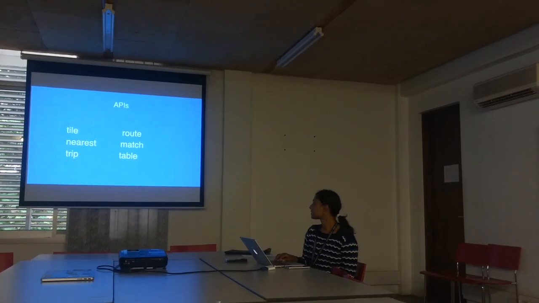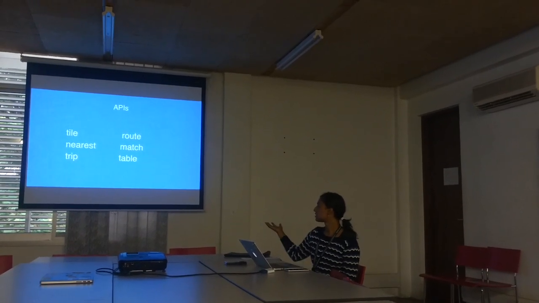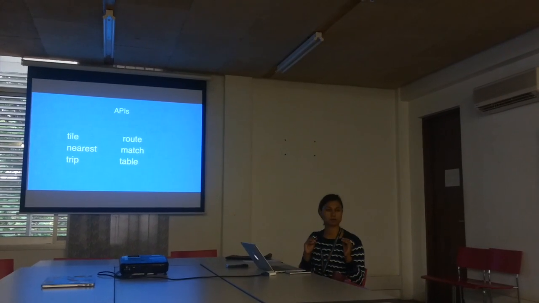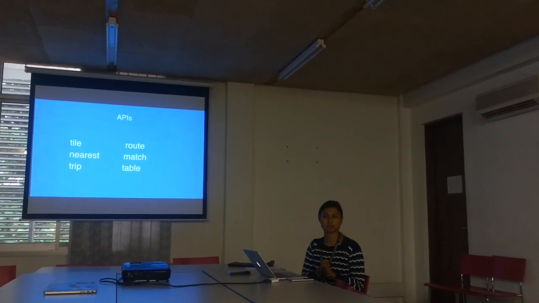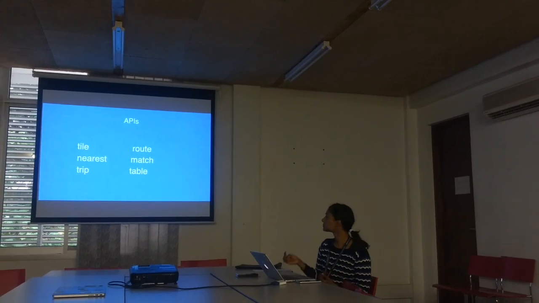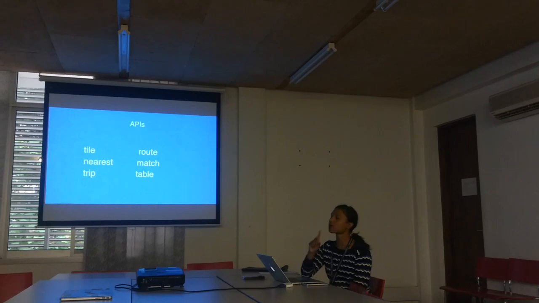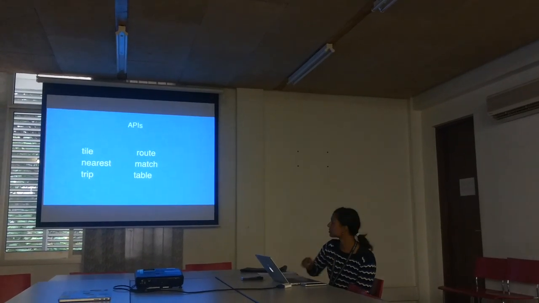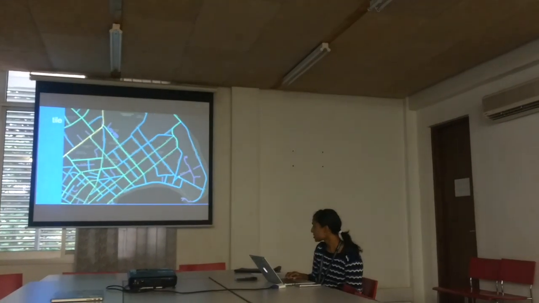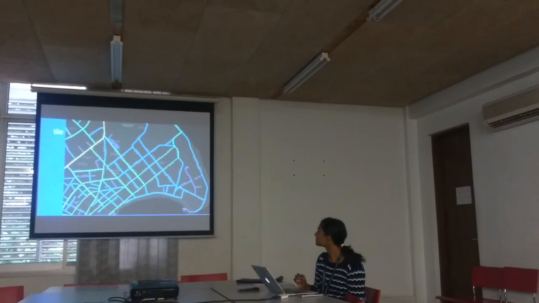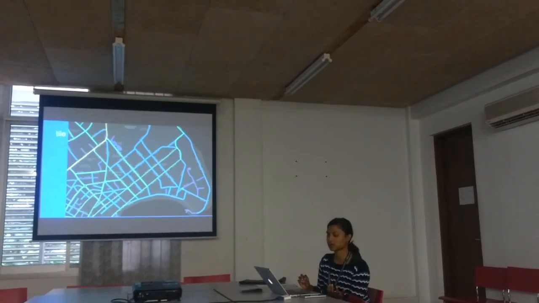And these, apart from tiles, the first one, all of these other ones are what OSRM provides as services. And they all are, not all searching the graph, but a lot of them are searching the graph.